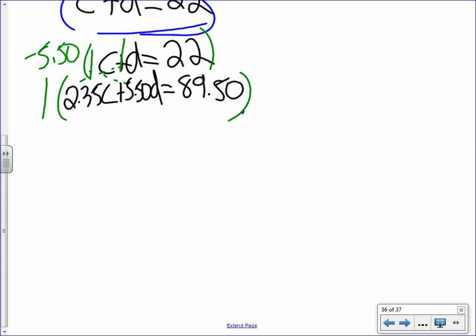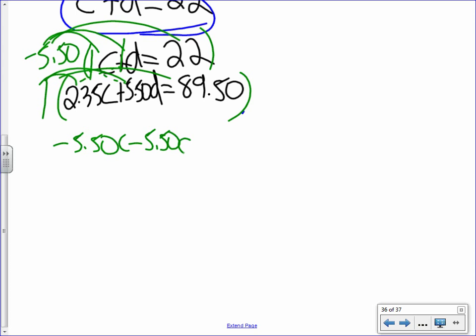I multiply everything through. Negative 5.50C minus 5.50D equals 22 times negative 5.50, which is negative 121. The bottom one didn't change because I just multiplied it by 1.